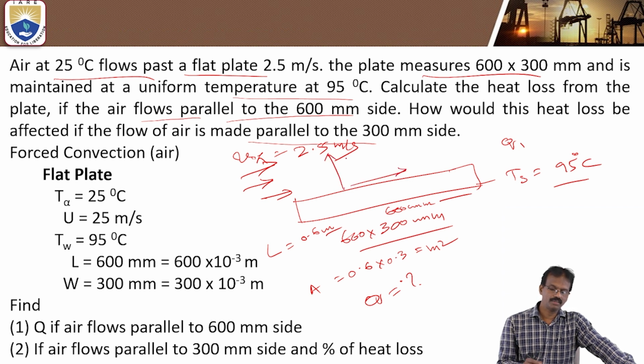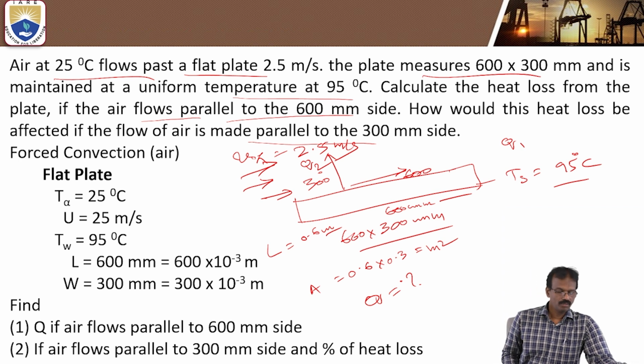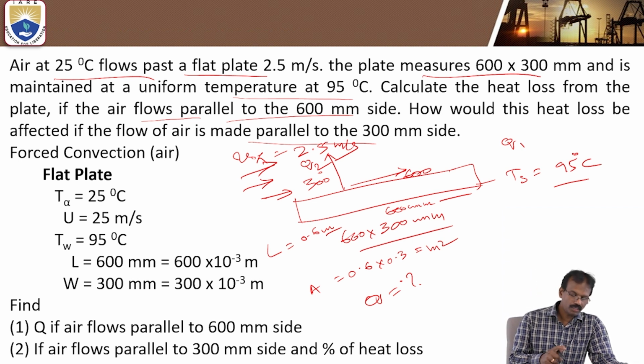This one is the Q2, this one is the Q1. Then you have to find the effect of these two: what is the percentage of heat loss between these two?